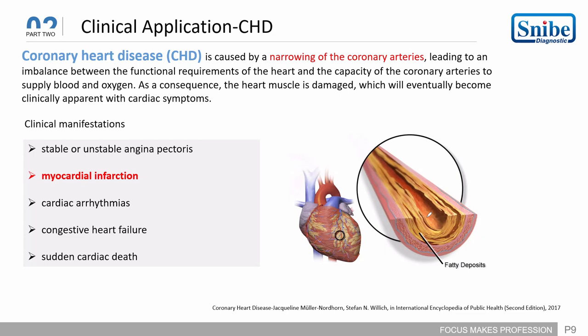This also leads to an imbalance between the functional requirement of the heart and the capacity of the coronary artery to supply blood and oxygen. The heart needs more pressure to pump the blood through these arteries to the different organs. As a consequence, the heart muscles are damaged, which eventually becomes clinically apparent with cardiac symptoms.